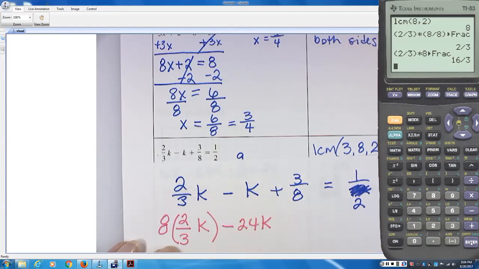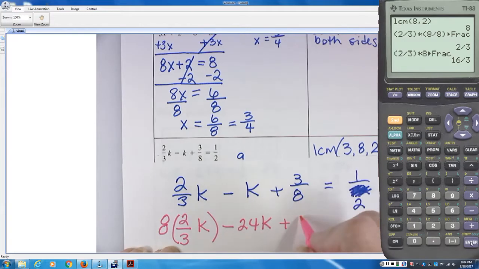Plus, 8 goes into 24 3 times. So then you just change all the numerators and make all the denominators the same. Right, and 2 goes into 24 12 times.